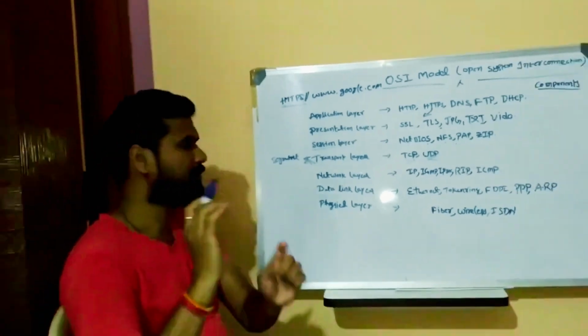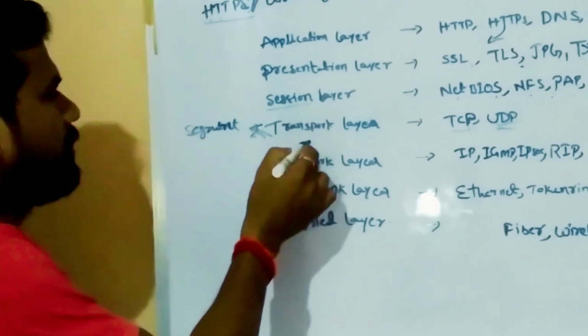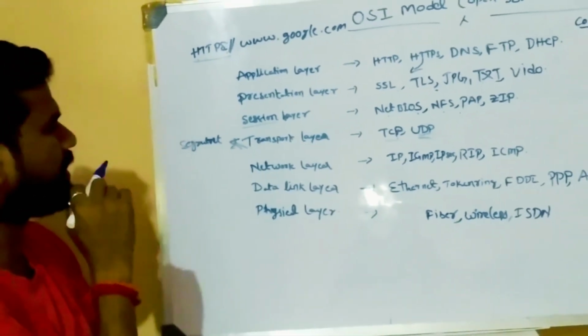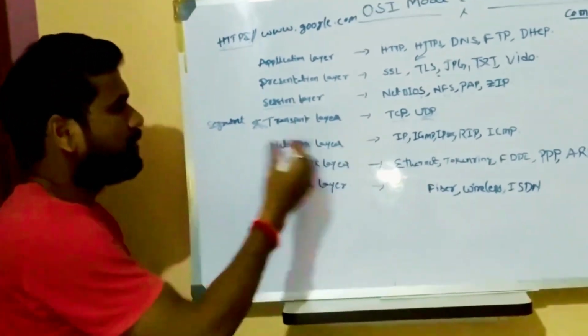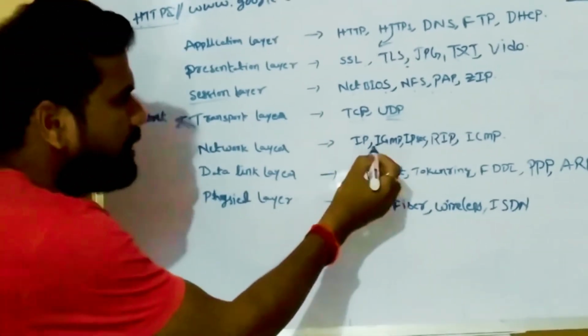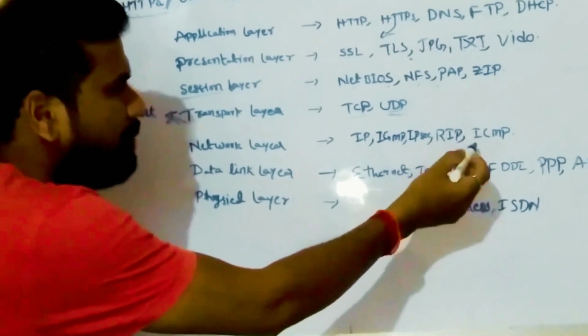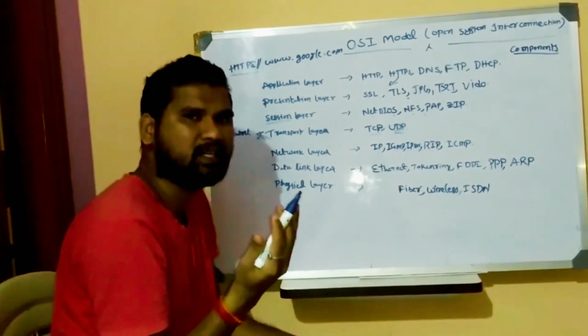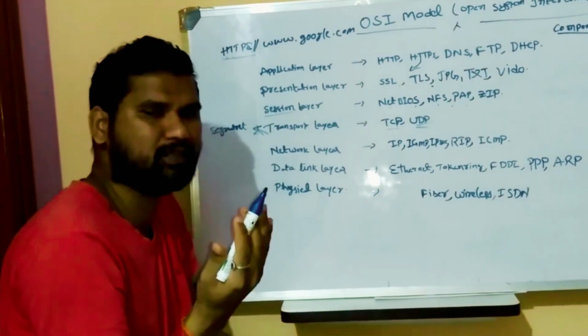They will send it segment by segment. After the network layer, the protocols used are IP, IGMP, IPsec, RIP, ICMP, OSPF, and IS-IS. This kind of protocols we are using.